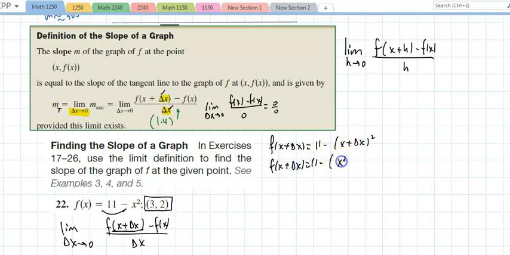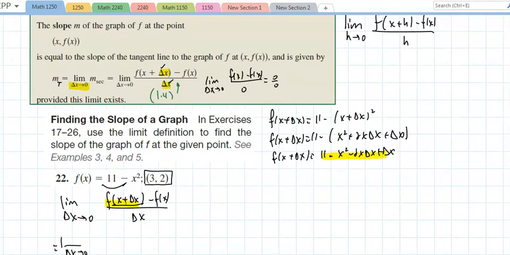If you FOIL this, x squared plus twice x times delta x plus delta x squared, and that would be 11 minus x squared minus 2x times delta x plus delta x. Oh, I kept the square, I'm sorry. Here we go.